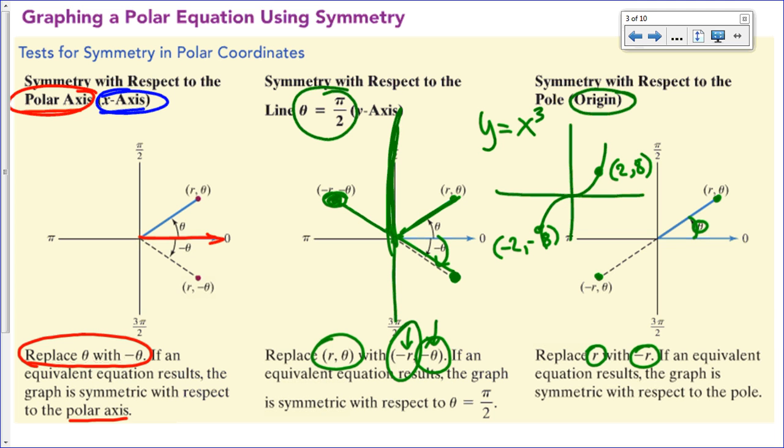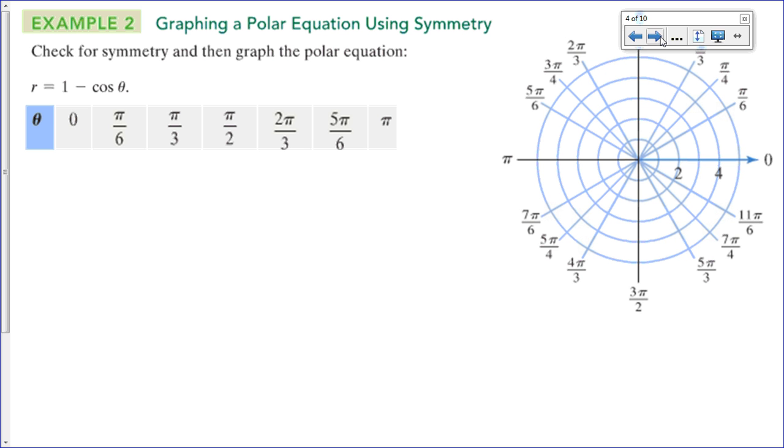So let's get to the example. And in this case, we're going to get the values with the calculator, but let's check for symmetry by hand. And so the first symmetry was with respect to the polar axis. We'll get those numbers in a minute, okay?